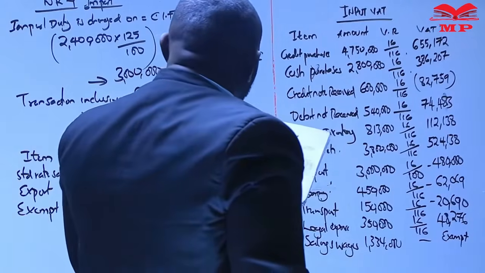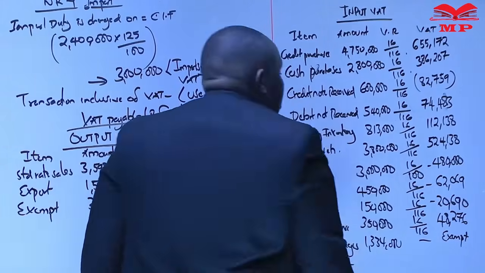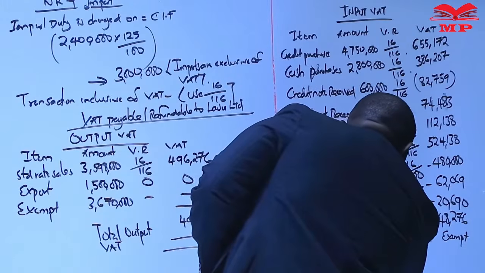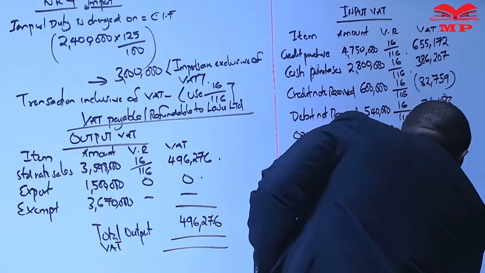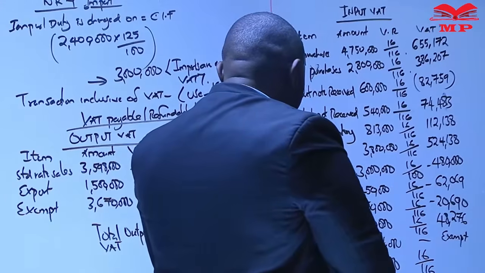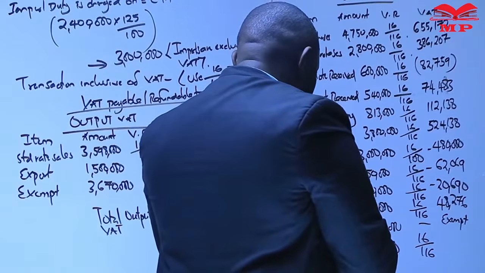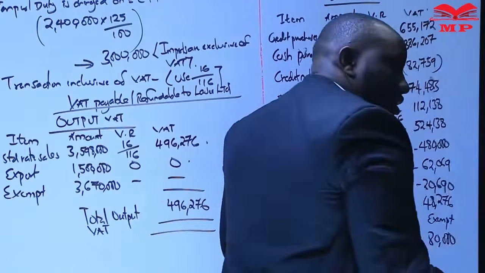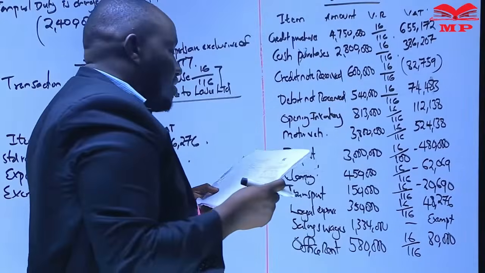Then we have office rent. We claim input VAT. That should be 580,000 times 16 over 116. That should be about 80,000. Then water from the county is exempted.